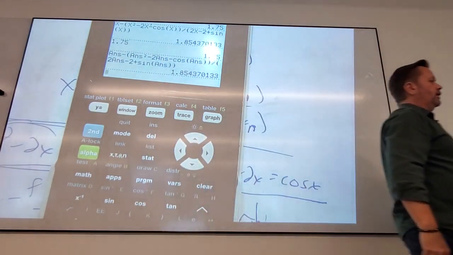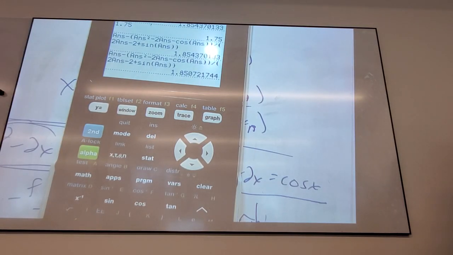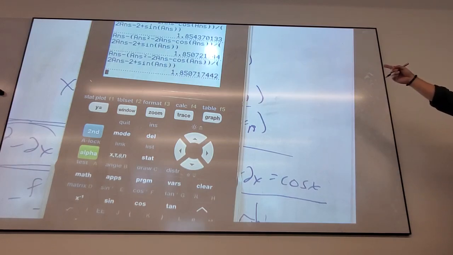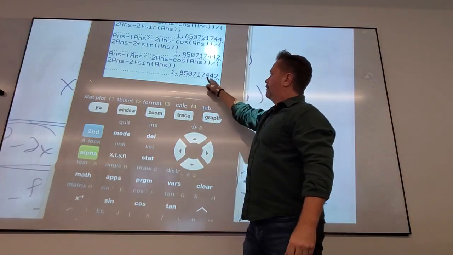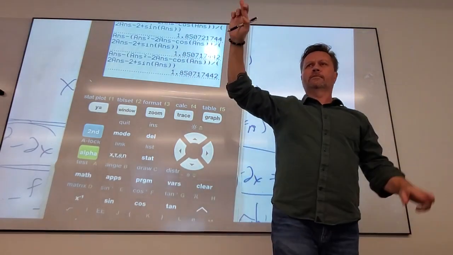So if I just hit enter until the numbers stop changing, did the numbers change a little bit? Yeah. Are they changing a lot? They still changed, yes? They did it one more time. Did they change? Nope. So we're there. We're as close as we can get with the resolution of the numbers on the screen of the calculator.